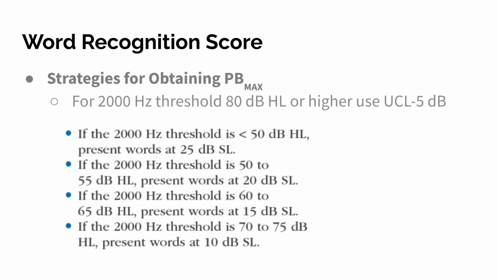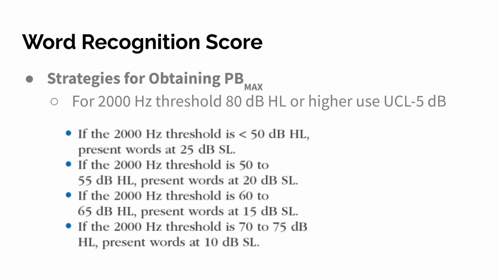There is another way to obtain PBmax that works for 2,000 hertz thresholds that are less than 50 dBHL, or 2,000 hertz thresholds that go up to 75 dBHL. If they exceed 75 dBHL, then you should just stick with the UCL -5.